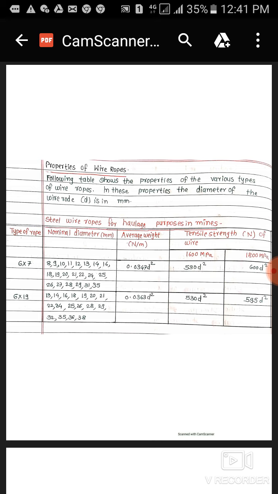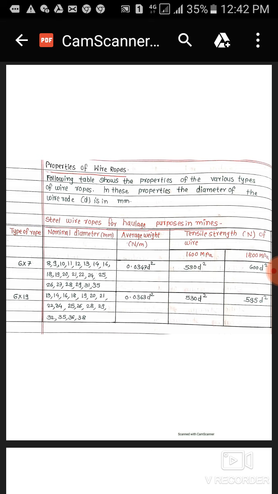The average weight for 6 by 7 wire is 0.0347 into wire rope diameter square, that is d square. And for the same type of rope, the tensile strength, if we take 1600 MPa, then for 6 by 7 the tensile strength in Newton is taken as 530 d square, and for 1800 MPa it is taken as 600 d square.